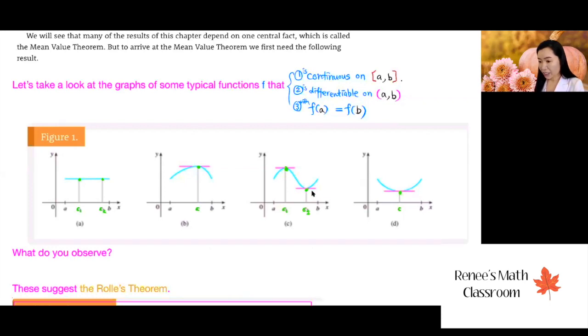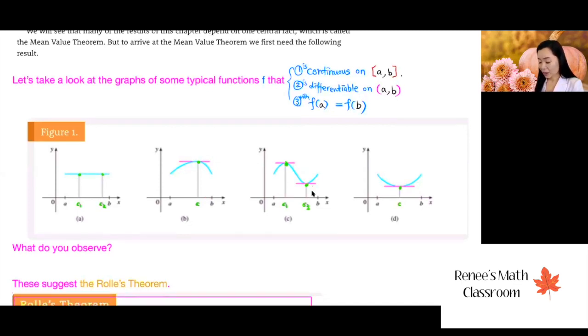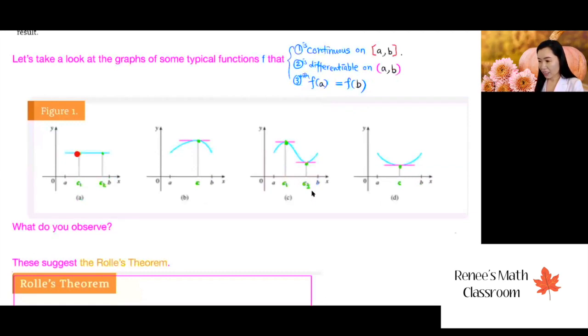Over here, actually, for all the points between a and b, pick just any c here between a and b, then the slope of the tangent is always equal to 0. So you can have 1 point, 2 points, you can have infinitely many points. Then at that point, the derivative will be equal to 0. So we observe that.